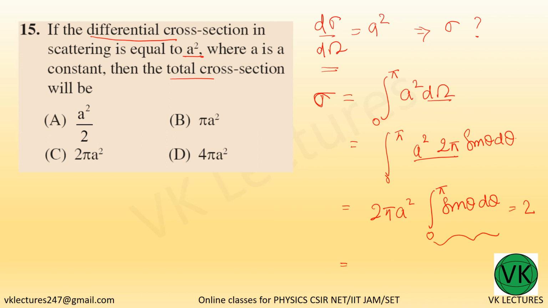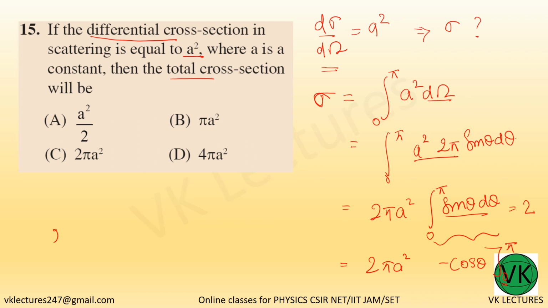Now we'll see: 2 pi a square into minus cos theta, from 0 to pi. Since it is minus, we go with the lower limit.